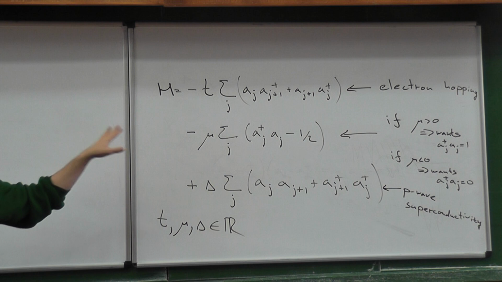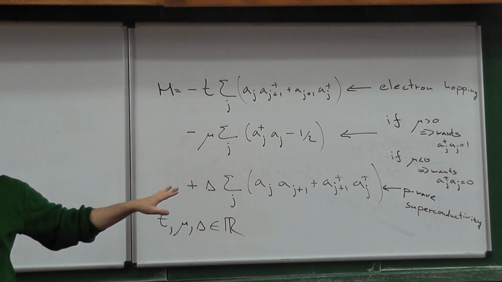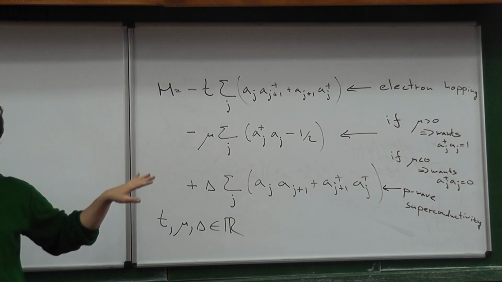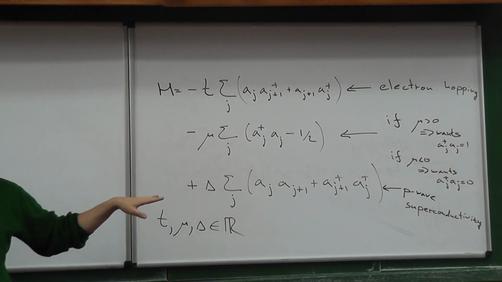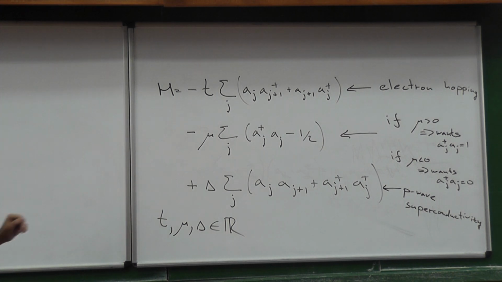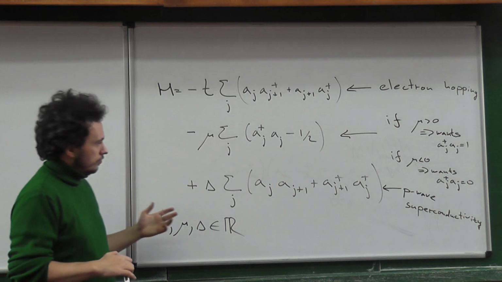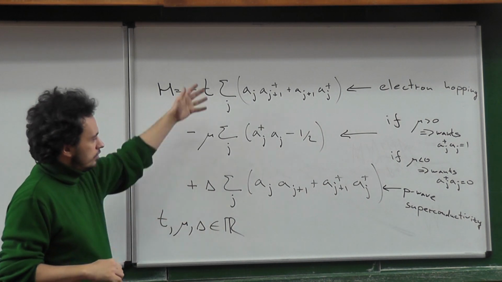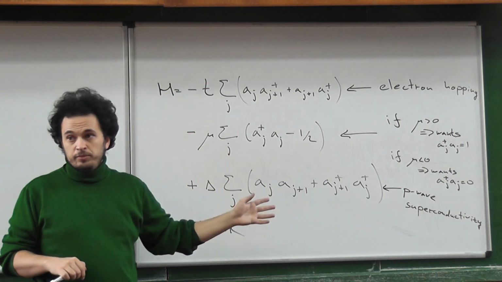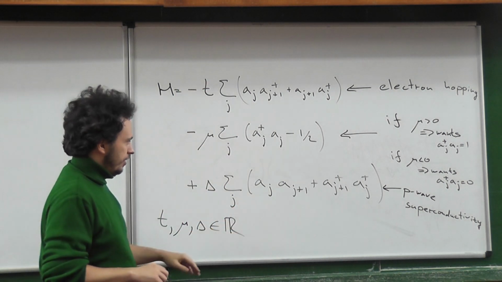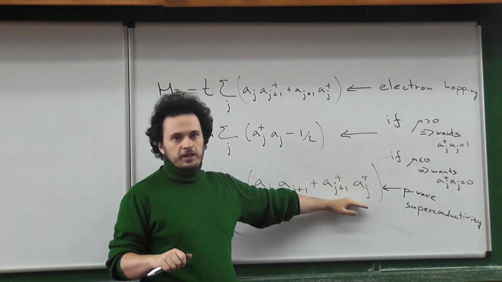For now, let's go with this simple model. And maybe if we have time, I will briefly tell you how to get such a thing. So this looks quite complicated in the Hamiltonian, especially since it does not conserve the number of electrons.